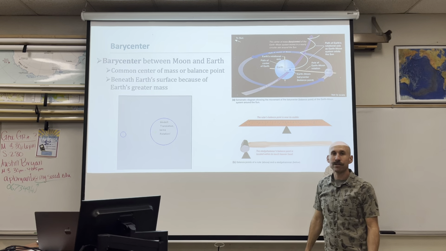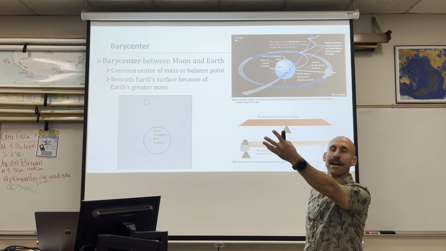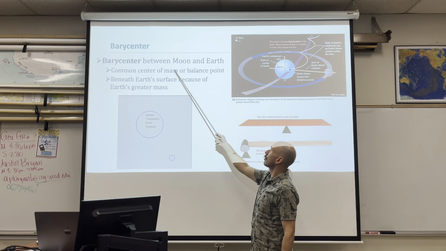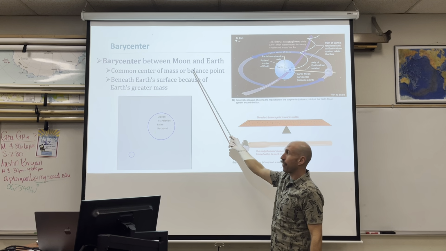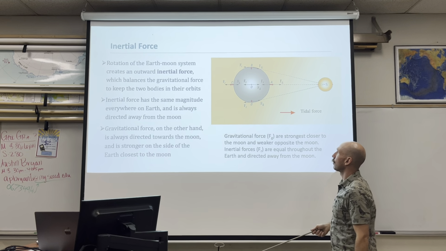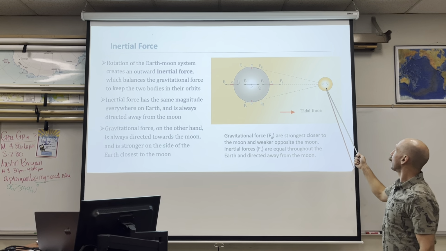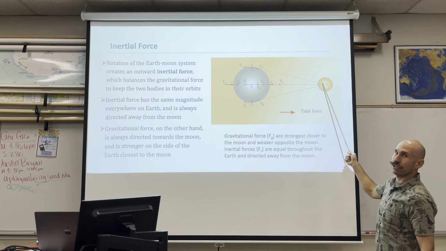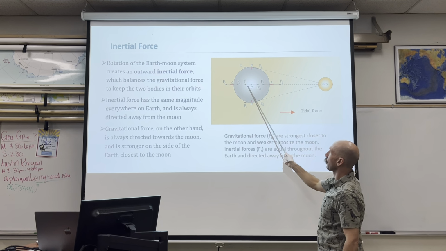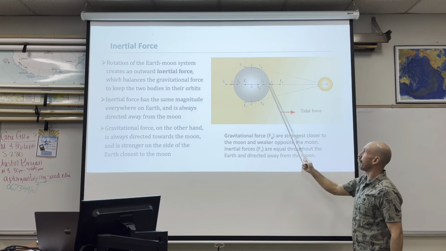This is why the moon doesn't just go flying out into outer space, because they share a common center of mass between them that is actually located inside of the Earth. Now, I don't know why this is an S, it should be an M. But the moon and Earth are going to exert forces of gravity.